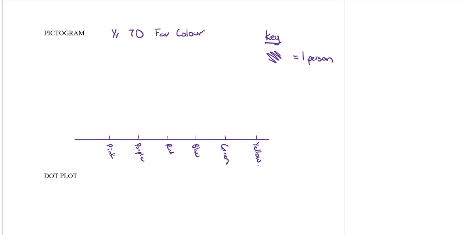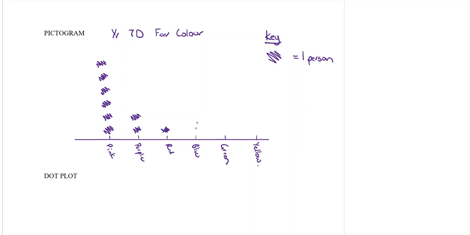So year 7D favourite colour. Okay, so pink, I've got to try and keep my squiggles all the same size. 1, 2, 3, 4, 5, 6. Okay, then purple is 2. Red was 1.